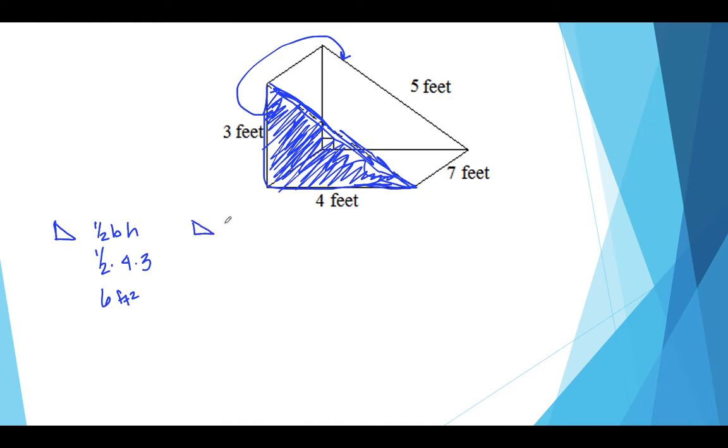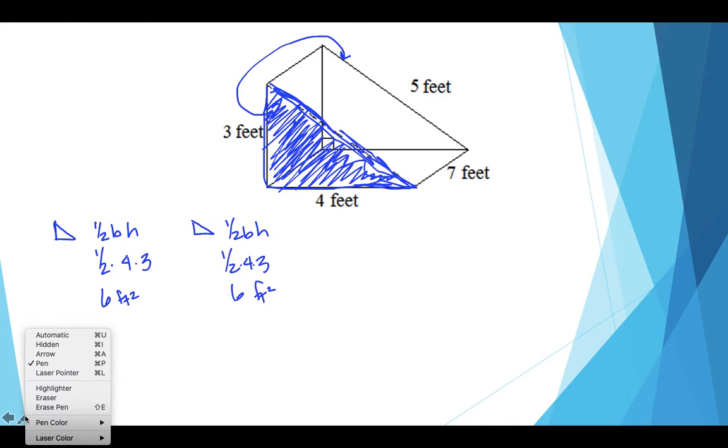So we have another triangle in the back, 1/2 base times height, 1/2 times 4 times 3, and again that's 6 square feet. Another option is you can just take your answer from the first triangle and double it to get 12. Here we have 6 and 6, which we'll add together at the end, but that still gives us 12. Okay, so far we found the area of the two bases, the two triangles. They're always going to be identical because it's a prism, and prisms always have identical bases. So that makes it nice and easy. Whenever you find one base, you automatically know the other base.